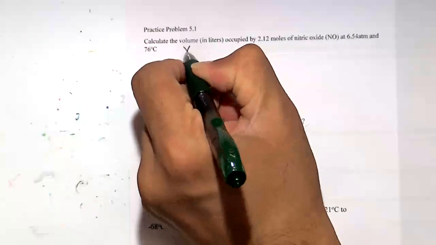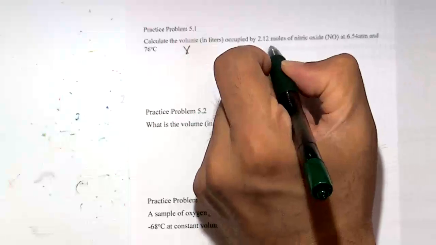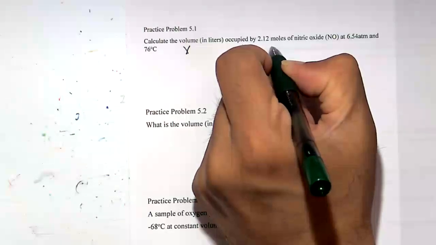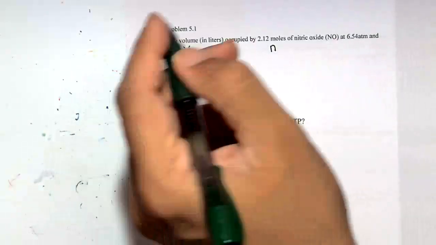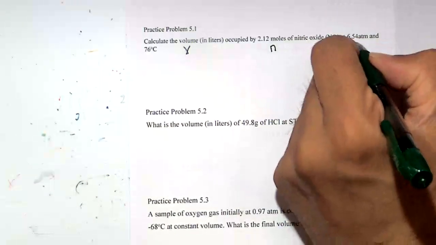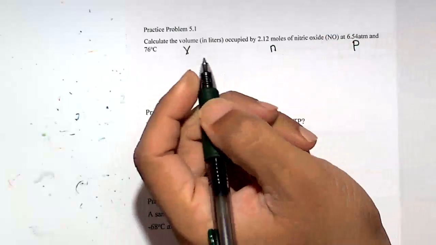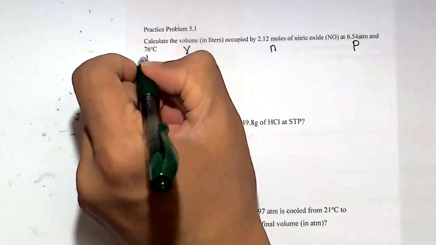So calculate the volume V. What is this 2.12 moles of nitric oxide? We'll call that N. What is 6.54 atm? Pressure P.